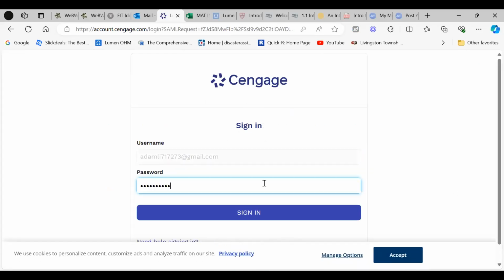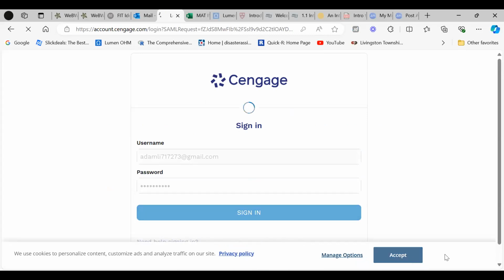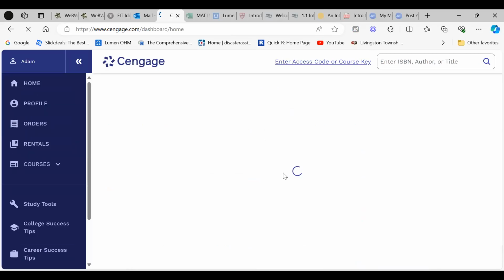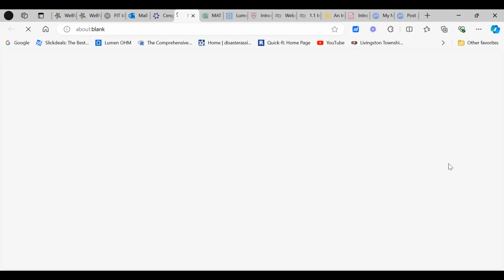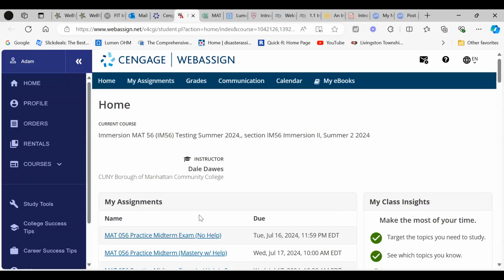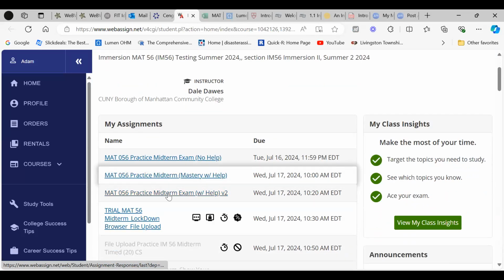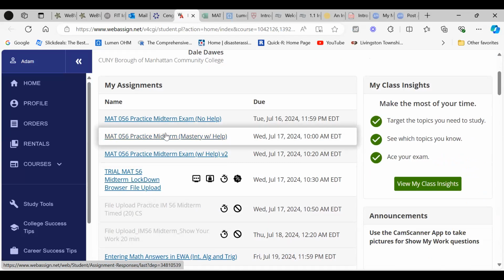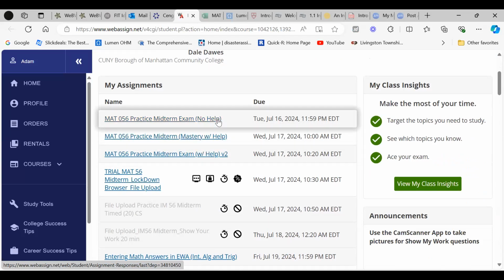Log in really quickly with the password, and then open the website. If you log in there, you should be able to see a couple of review assignments. You see this part in the midterm, the lockdown browser, but you don't have to use it. I think there are 3 different parts in the midterm, with help and without help.